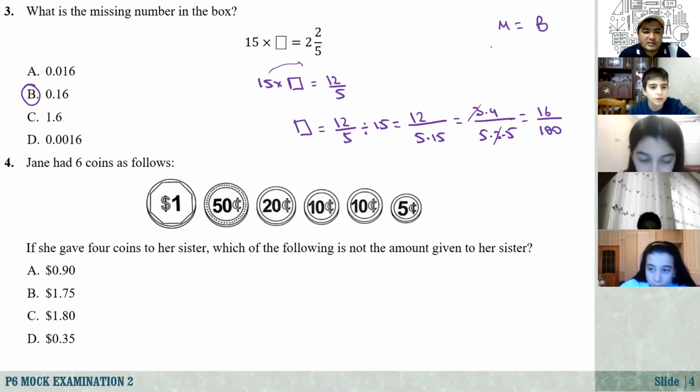Jane had 6 coins as follows: $1 coin, 50-cent coin, 20-cent coin, 10-cent coin, 10-cent coin, and 5-cent coin, right?